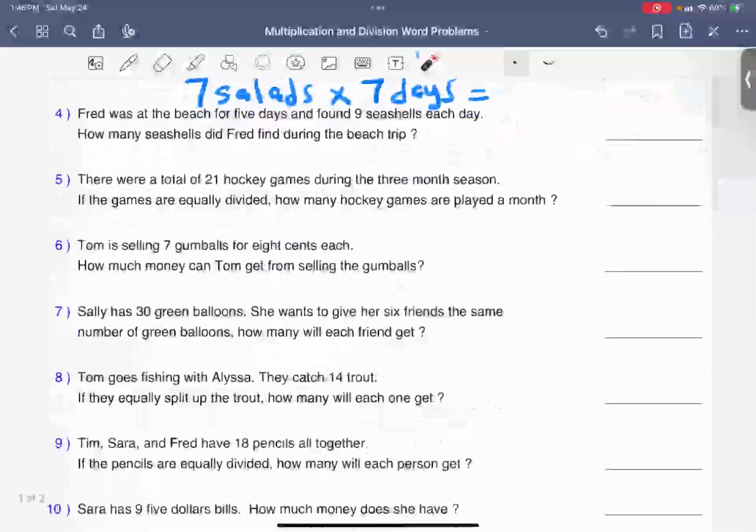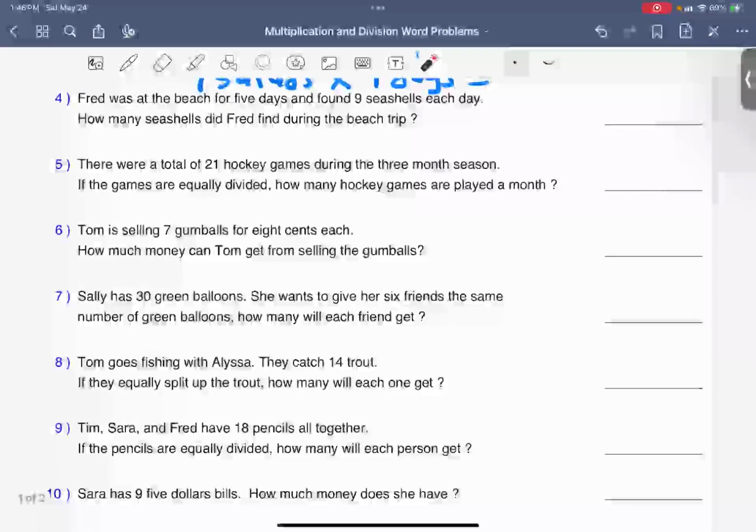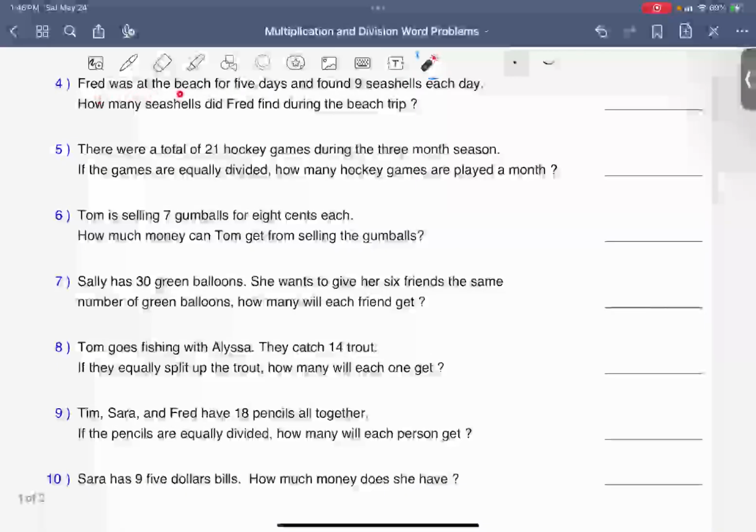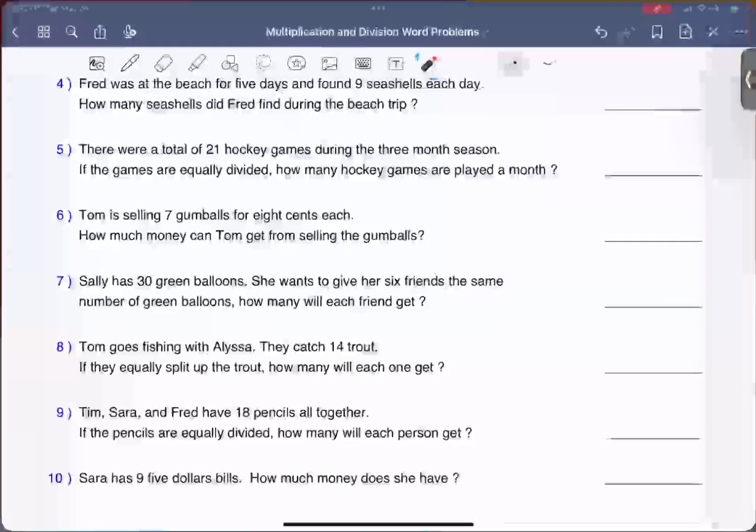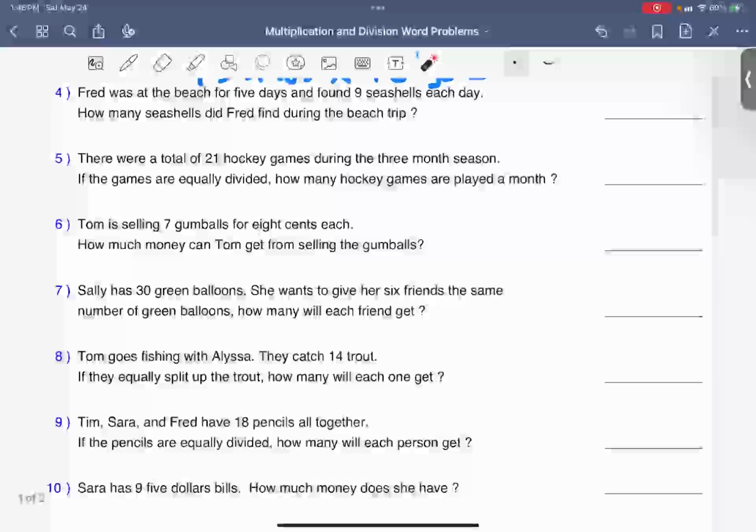Let's look at number 4. Fred was at the beach for 5 days and found 9 seashells each day. How many seashells did Fred find during the beach trip? He was on the beach for 5 days and 9 seashells each day. So I see that I'm counting.